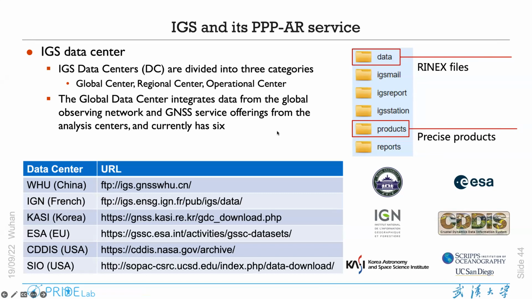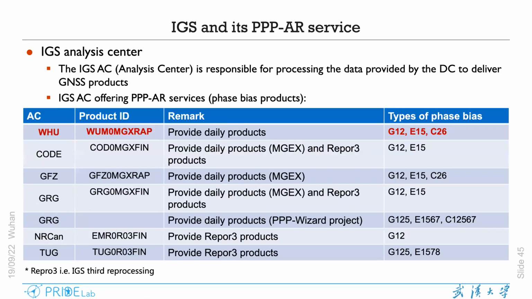This data will be provided to the analysis centers, which are shown here. The IGS Analysis Center, whose short name is AC, is responsible for processing the data provided by the DC to deliver the GNSS products.